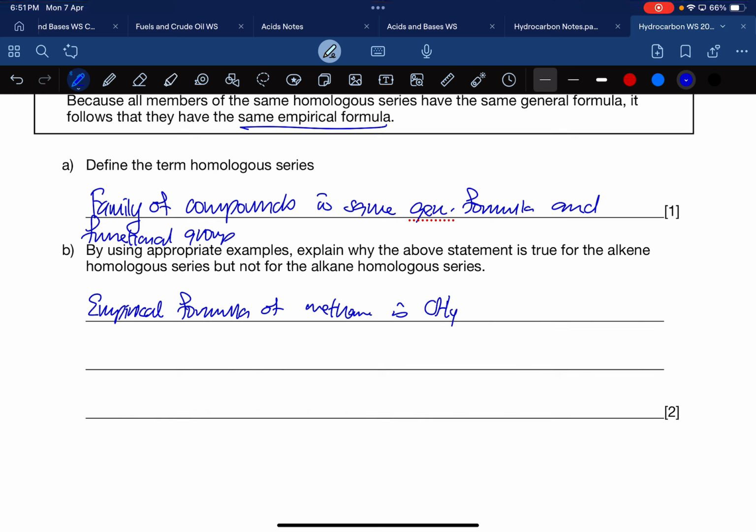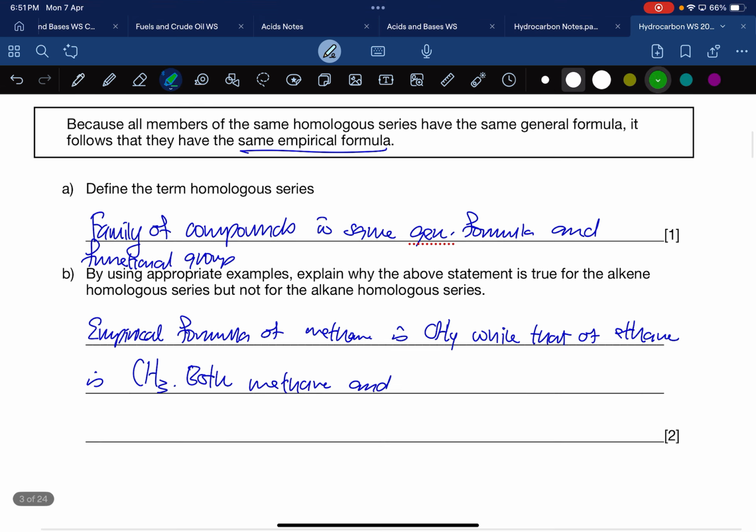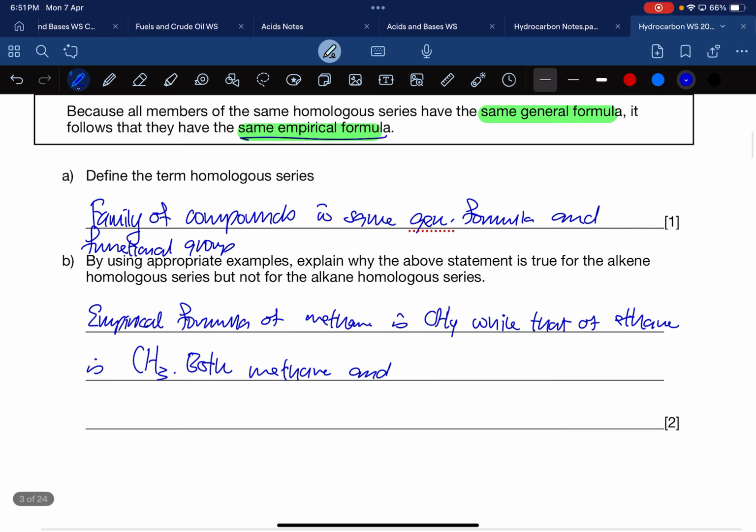Then, although both methane and ethane are the same homologous series, their empirical formula is different. We don't really bring in homologous series. Our focus is on comparison of GF to EF.